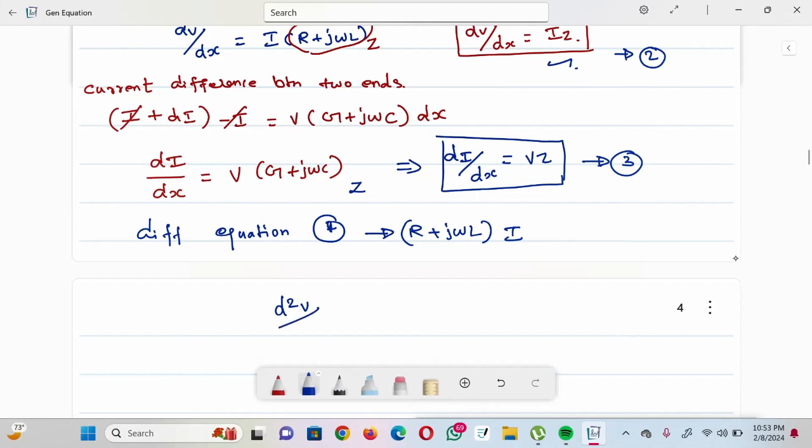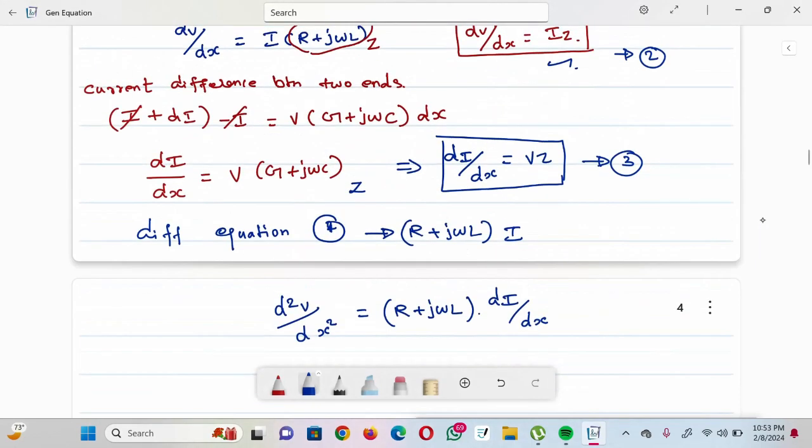So here d squared V by dx squared equals r plus j omega L multiplied with the differentiation of dI by dx. So already we know the value of dI by dx.